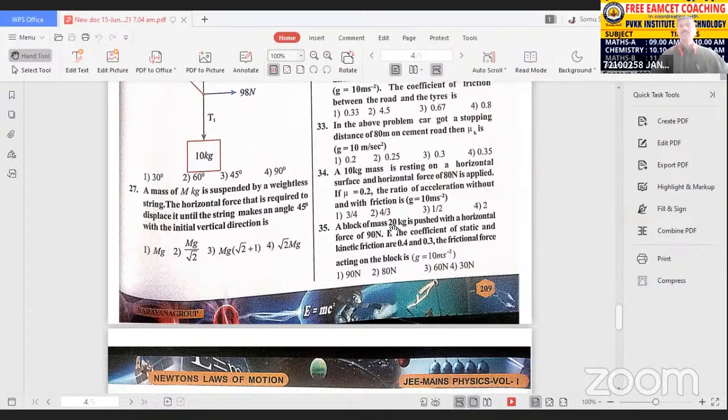Mass is 20 kg and horizontal force F is 90 Newton. This is a horizontal surface.